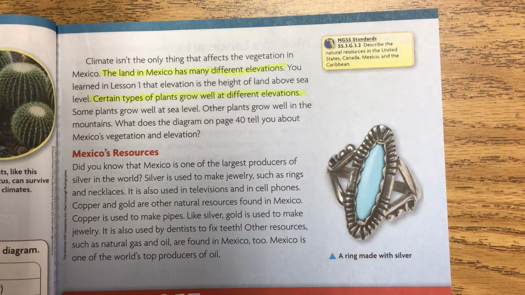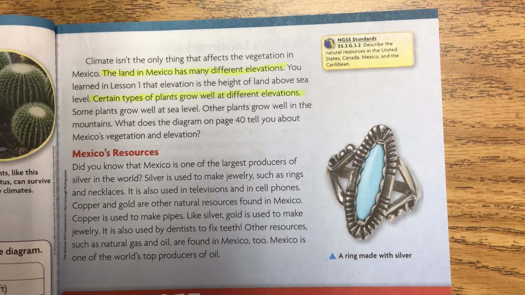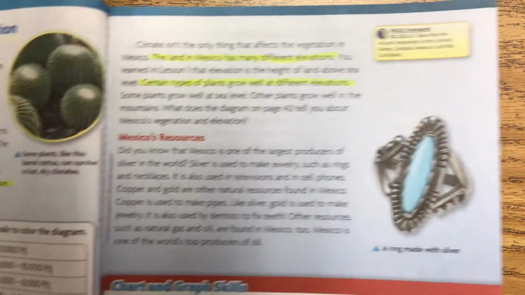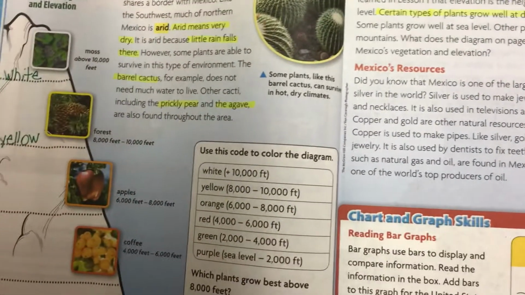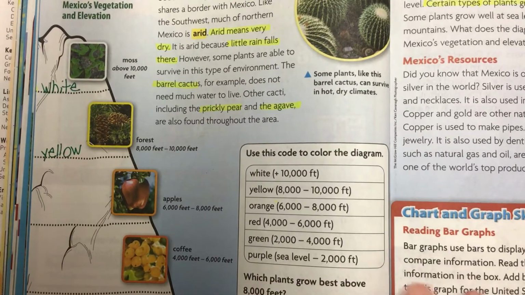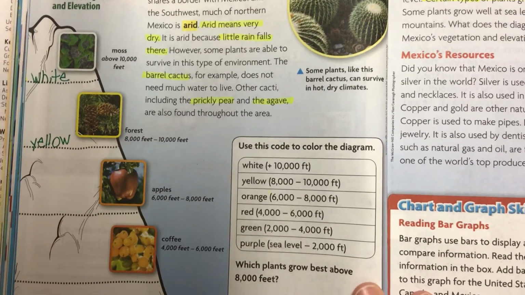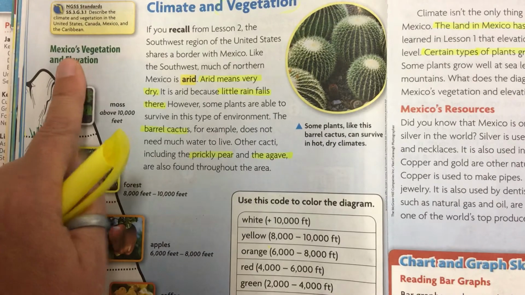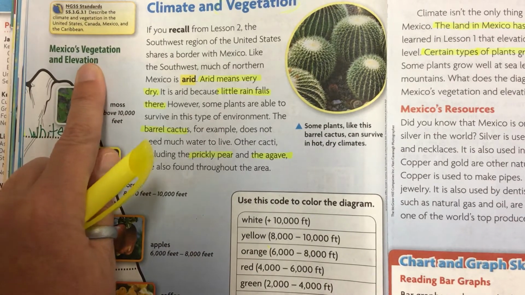What does the diagram on page 40 tell you about Mexico's vegetation and elevation? Let's pause for a second and take a look at this diagram. The title says Mexico's vegetation and elevation.